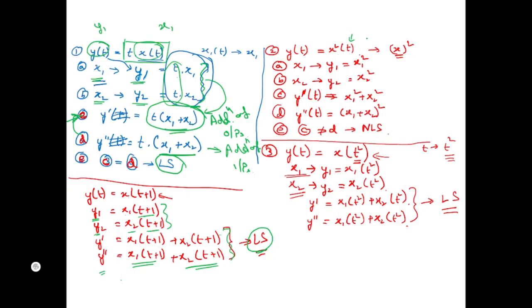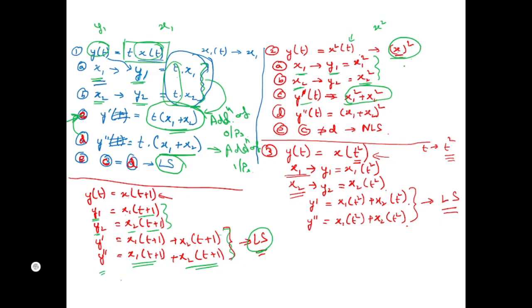So basically this is x squared. Due to x1 we will get y1 equals x1 square. For x2 we will get x2 square. For y dash we have x1 square plus x2 square. Then y double dash is x of the whole square.